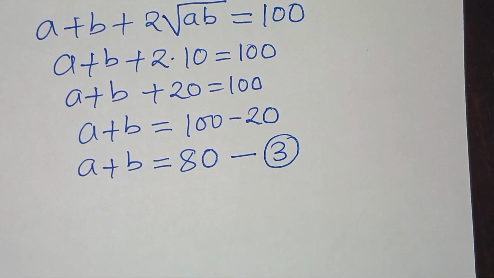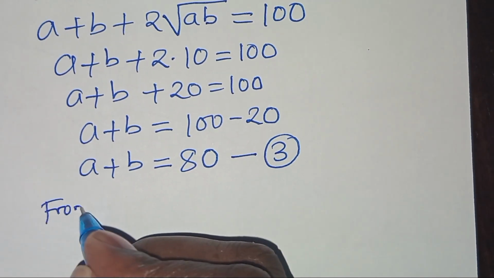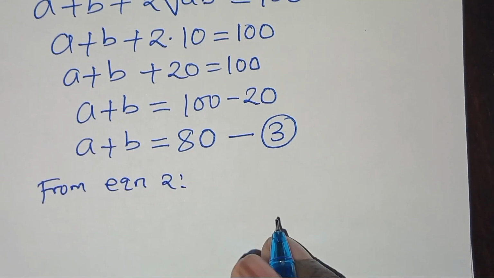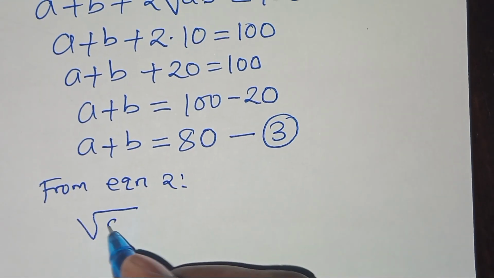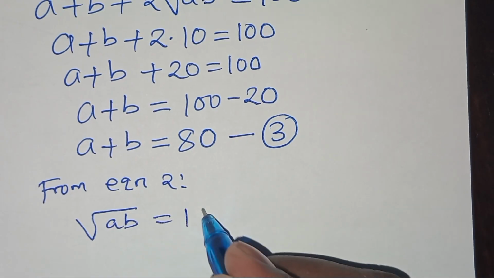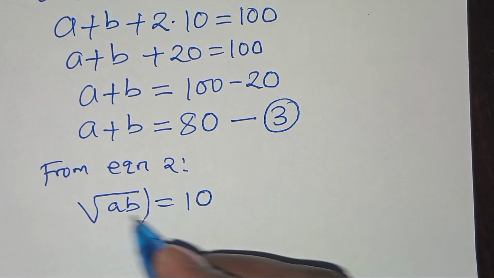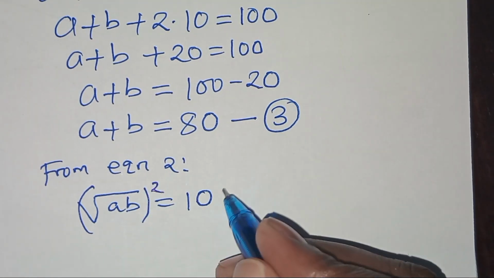Now let's proceed here. From equation 2, which is square root of a times b, equal to 10, the next step is, let's square both sides here.